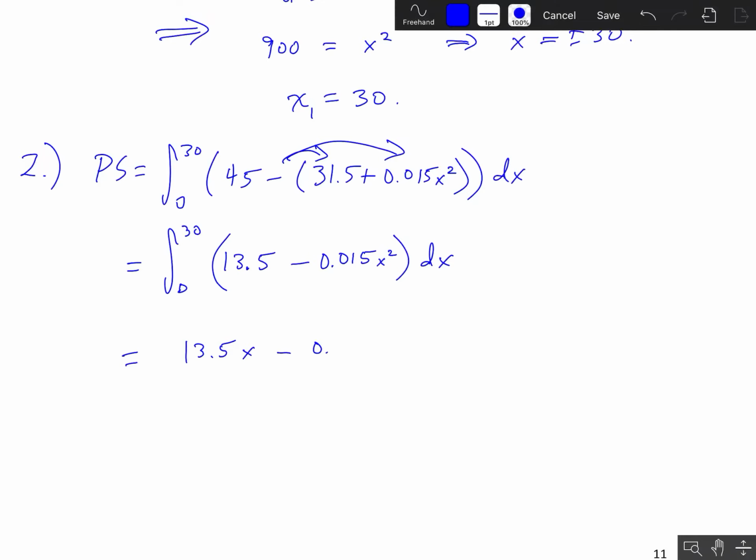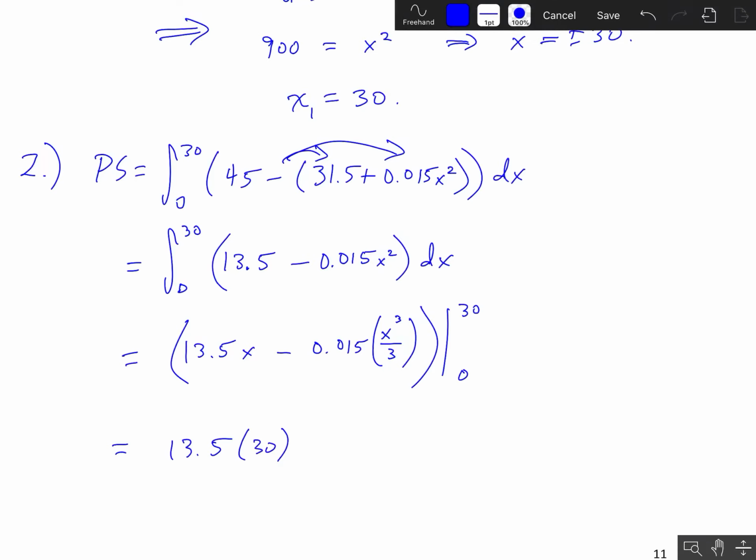The antiderivative in this term is going to be negative 0.015 times x cubed over 3, because we would add 1 to that power and divide by the new power, and we would also keep that constant factor in front. So this is what we get, and we're going to evaluate from 0 to 30.